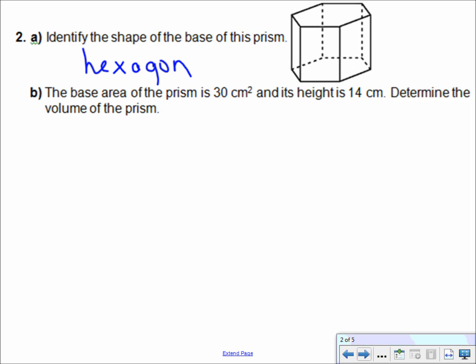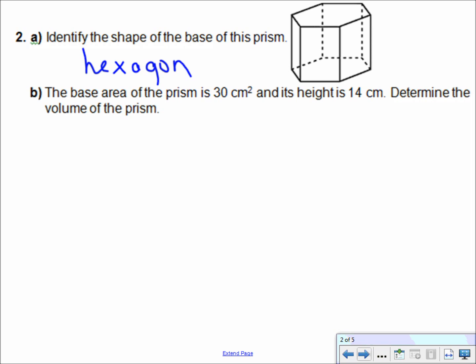Okay. So the base area of the prism is 30 centimeters squared, and the height is 14 centimeters. Determine the volume of the prism. Really, volume is just your area. Think about it: if you sliced it into all of these tiny little sections, all you're doing is adding area plus area plus area, and so on.